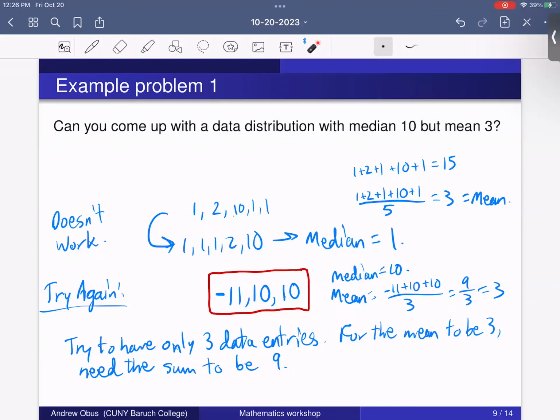So you can't say negative 10 and then 10 and then 5, right? Things have to be in order, either completely increasing or completely decreasing, in order to be able to calculate the median. Okay, so this is one answer. There are lots and lots of correct answers here. You can do lots of different things, but this is maybe the simplest answer. Any questions on this?